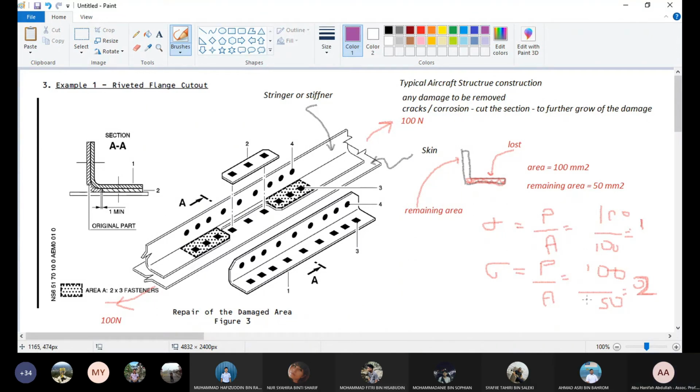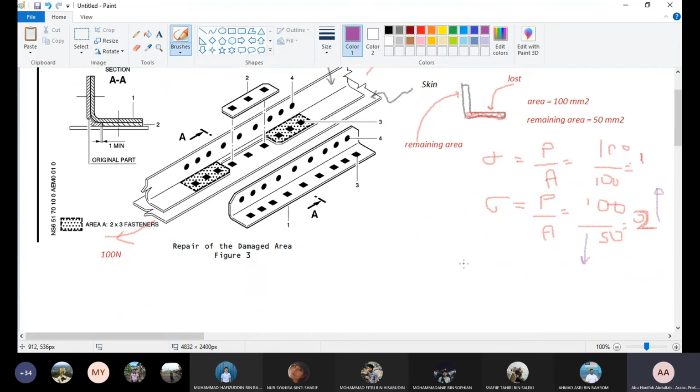The cross-sectional area reduced. You can see the stress is going up. What does it mean when you have removed this section? The stress around this area is increased. What can happen when the stress is increased?